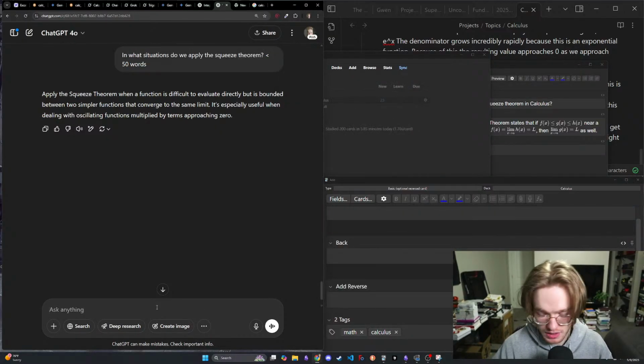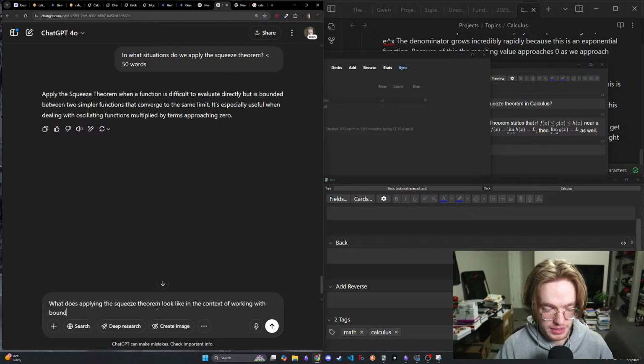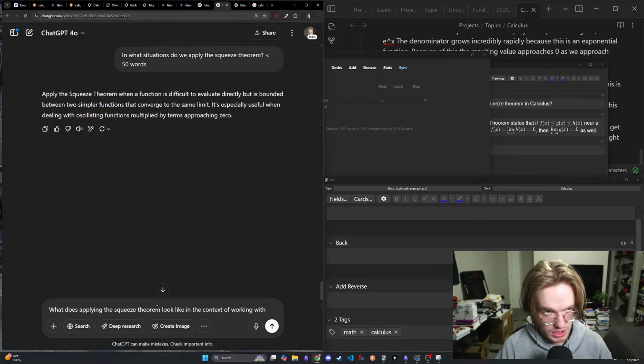Okay, and then in the context of bounded functions, what does applying the squeeze theorem look like when working with a function that has a component that's bounded?